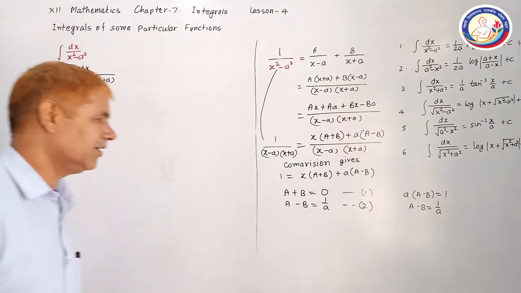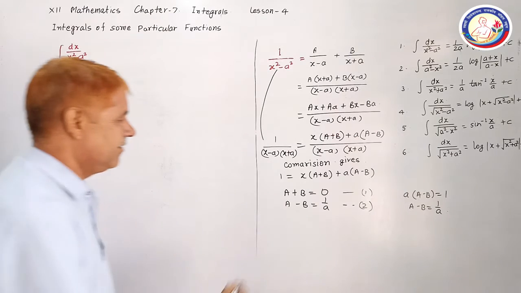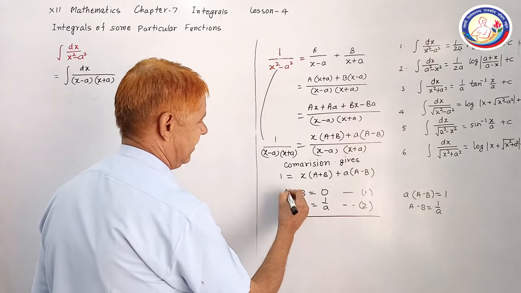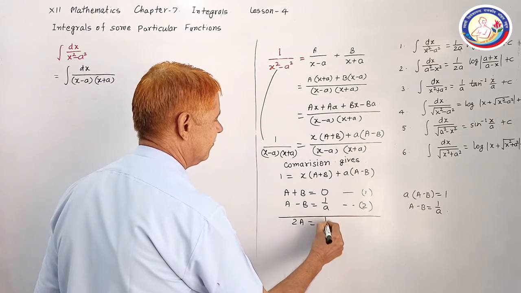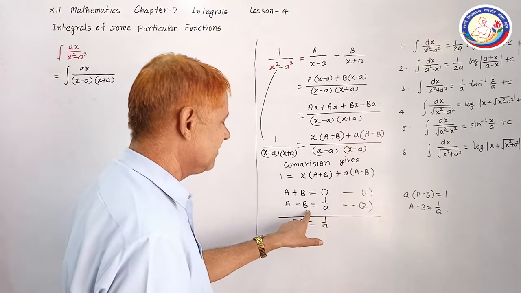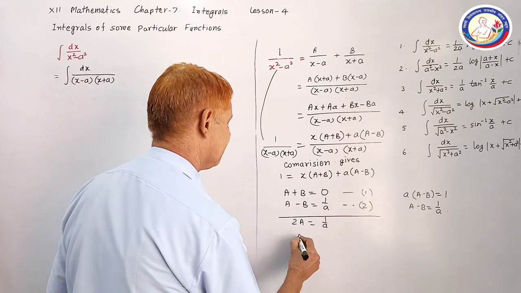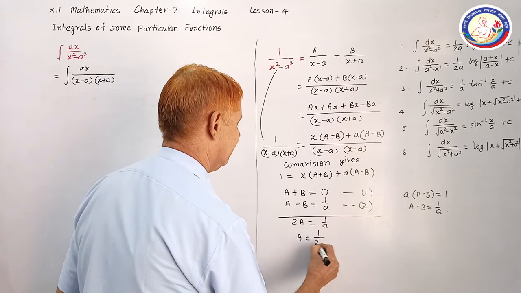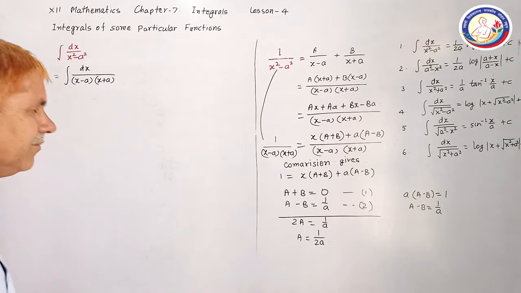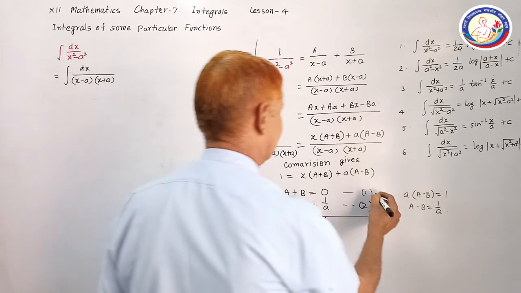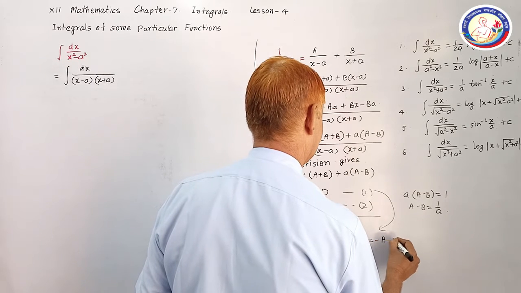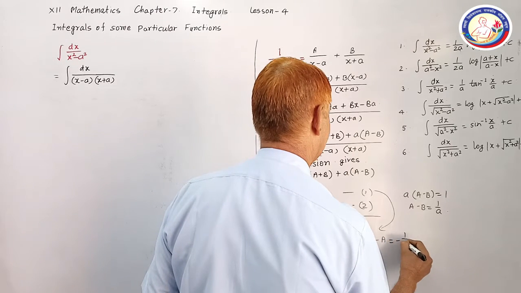If we solve these two equations, we will obtain the values of A and B. Now add these two. On addition, 2A will be equal to 1 by a, since 1 by a plus 0 is 1 by a, and B minus B is 0. So A is 1 upon 2a. Now what about B? From the first equation, we can say B is equal to minus A. So B will be minus 1 by 2a.